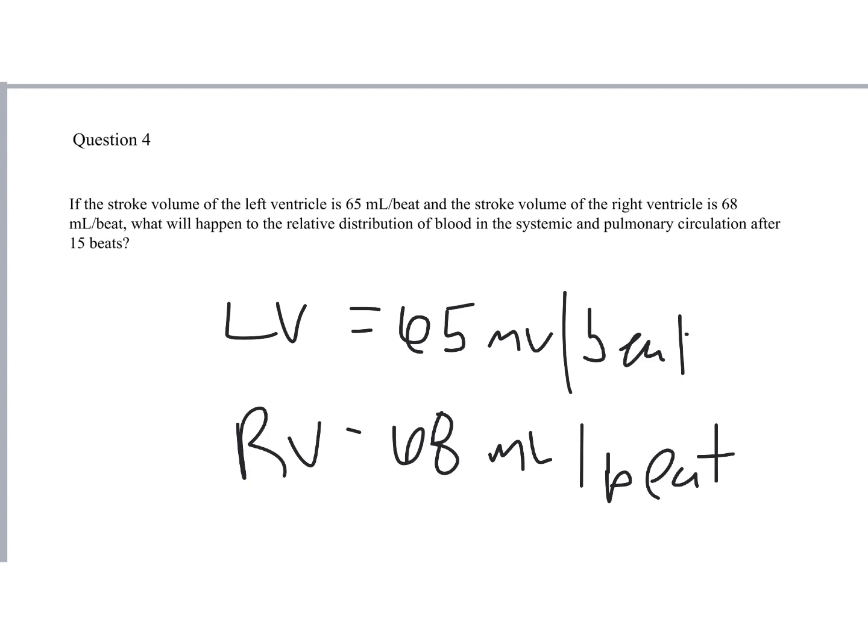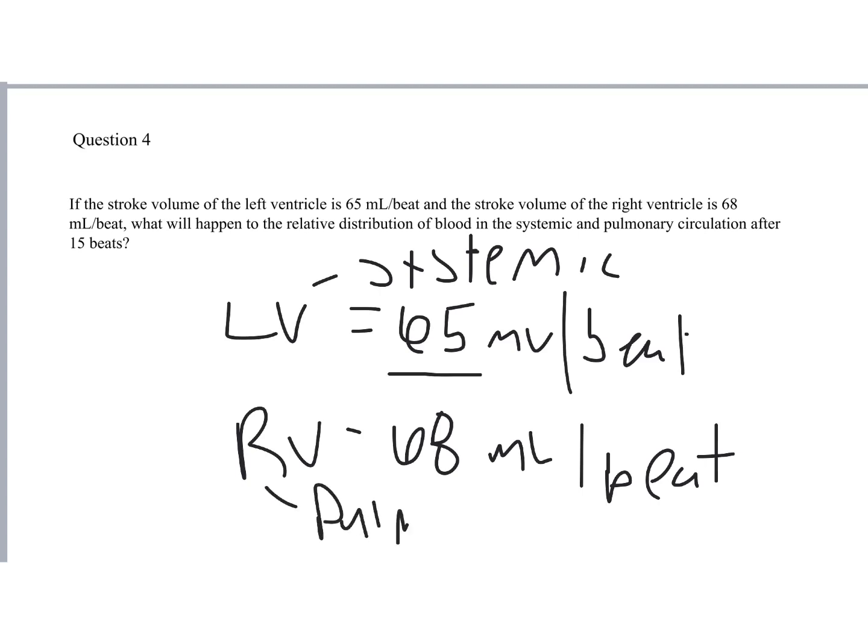Well, if we have 65 milliliters leaving the left ventricle, where does blood go after the left ventricle? It goes into the systemic circuit, right? It goes into the aorta and the systemic arteries. The blood that's leaving the right ventricle goes into the pulmonary circuit. That's the blood that's going to the lungs.